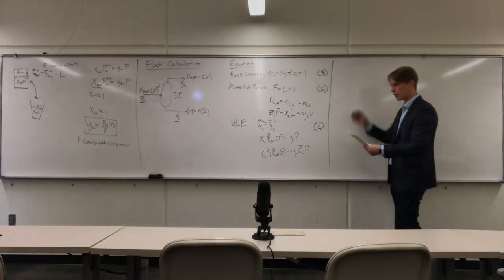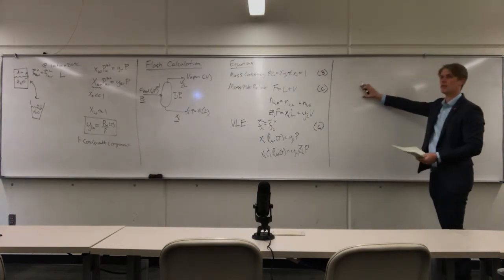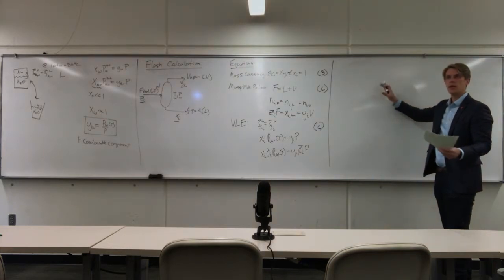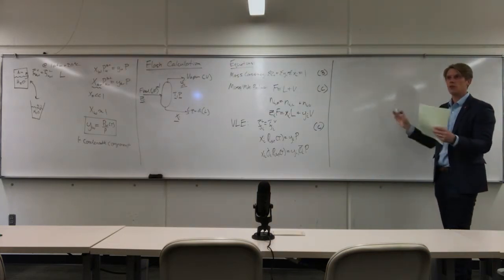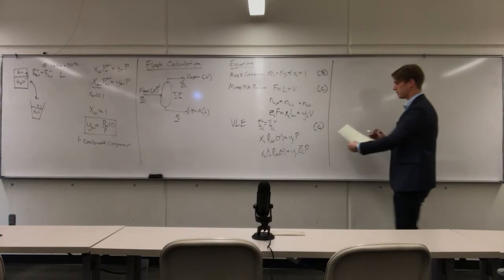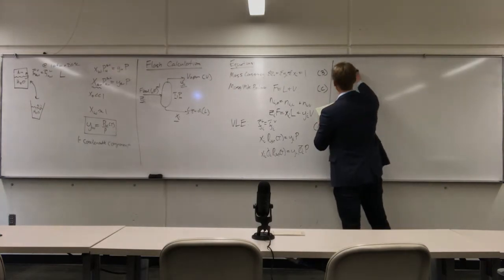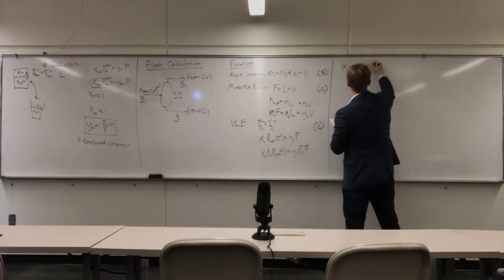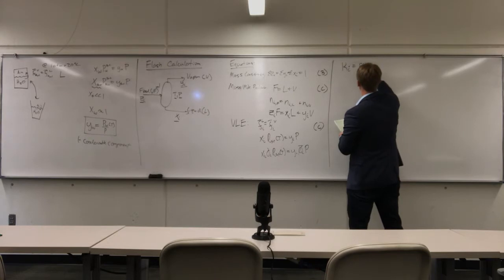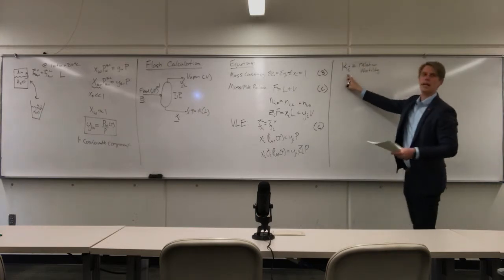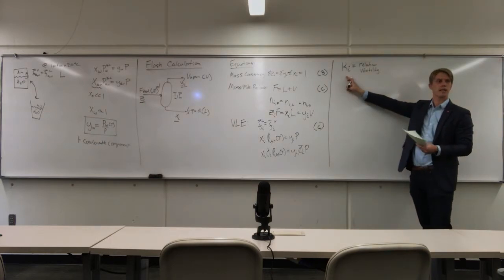So what we'll do is I'll show you very quickly here how we solve it for an arbitrary number of components as a general rule of thumb, and then you can use that for all future things. For an arbitrary number of components, it is very useful to define something called the relative volatility. Oftentimes in a lot of trade manuals, this will be called the K factor.